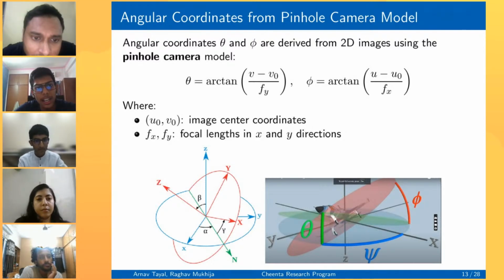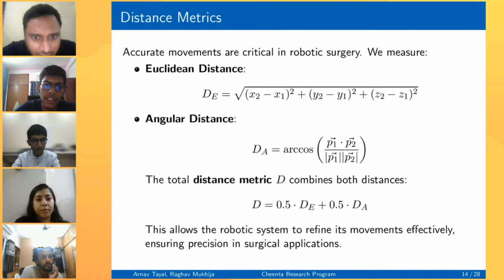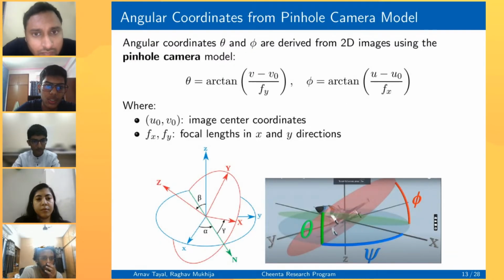Now, the angles we derive from 2D images can be calculated as shown, where u0, v0 are the image center coordinates. These refer to the specific pixel location in an image that is considered the center of that image, and fx and fy are the focal lengths in x and y direction.